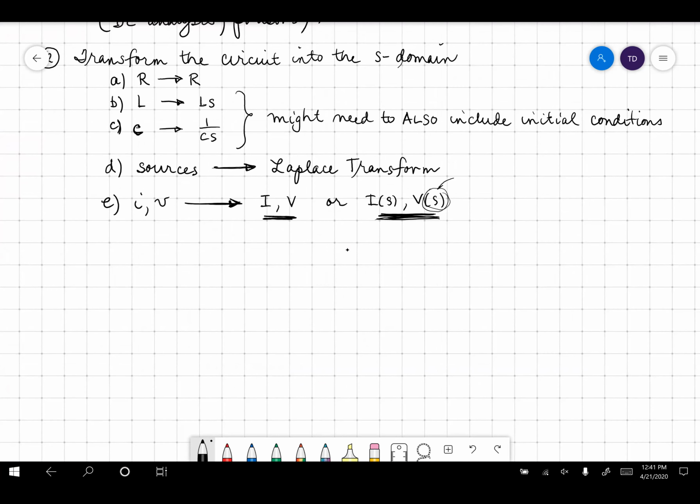So that transformation might not just be, it goes to LS, you might have to put the LS part in, and then you might have to put the initial conditions in also. A lot of our circuits are not going to have initial conditions. Woohoo! Thank goodness. It's going to save us a lot of time. But several will, and you have to know how to handle that. So we want to make sure we do all that properly. Okay, so we've done all of this conversion in the circuit. And step 3 is we're going to perform circuit analysis.